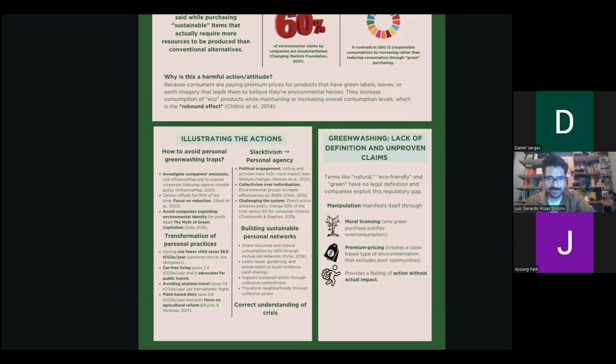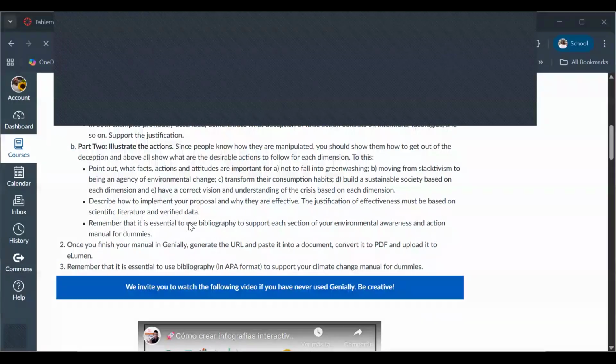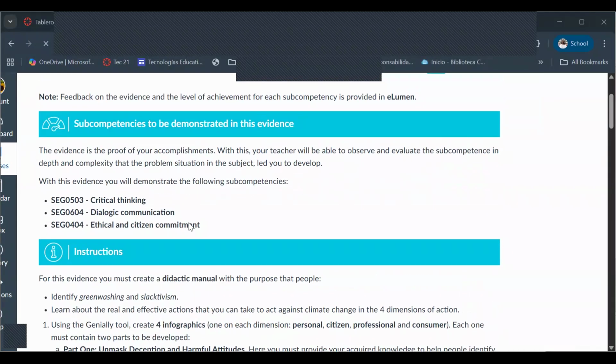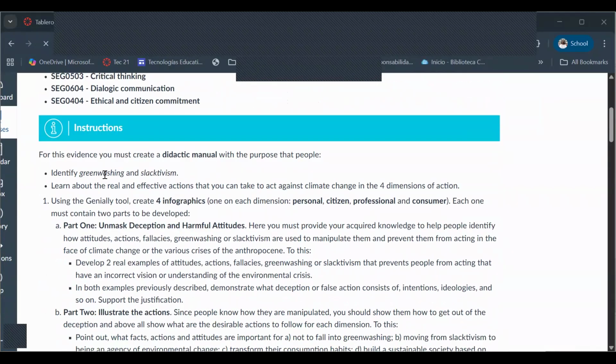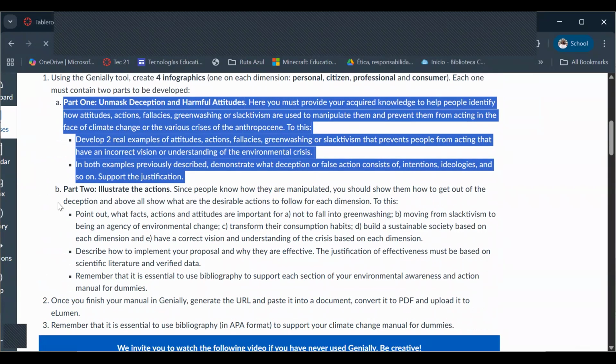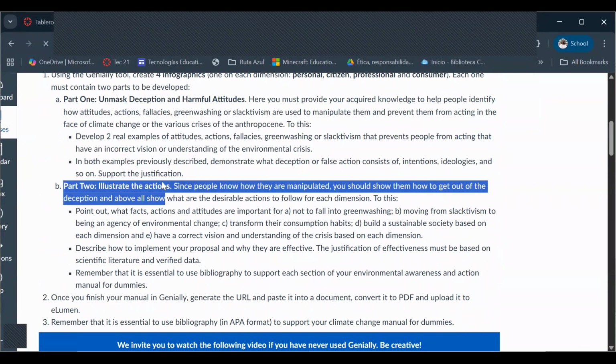Let me just replace what you're sharing right now, just to pinpoint it. So on the instructions in our page, you first have this part one, where the thing that we have repeated so much, and then the second part where the illustration of the actions.